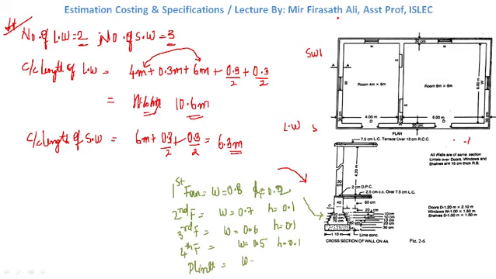Plinth width is 0.4, whereas height, look at the height, 60 plus 20. It is 0.8 meters. What we need to do is add this data in our particulars table. This width is nothing but breadth also. You can call it breadth also.